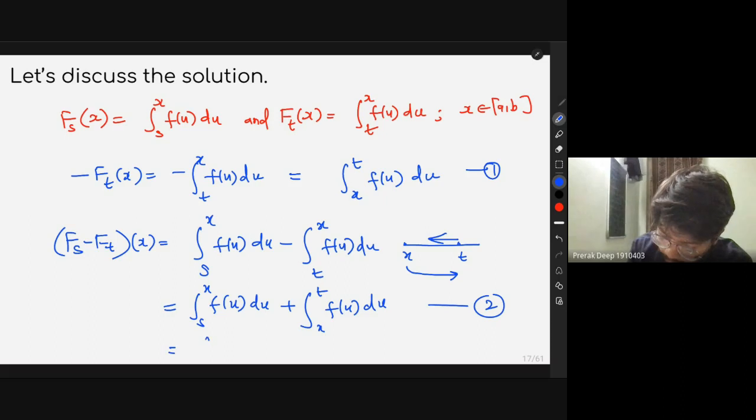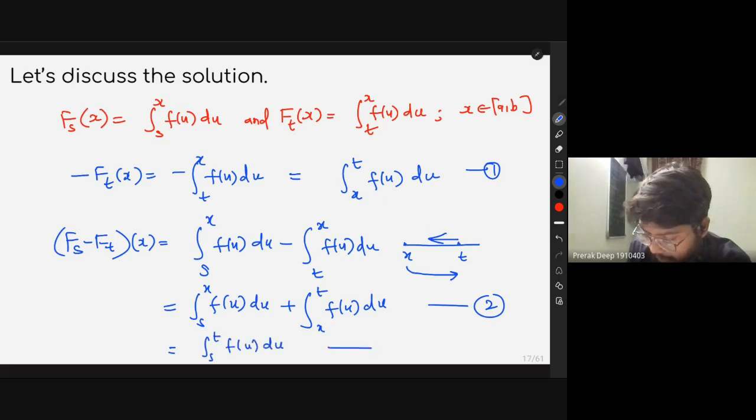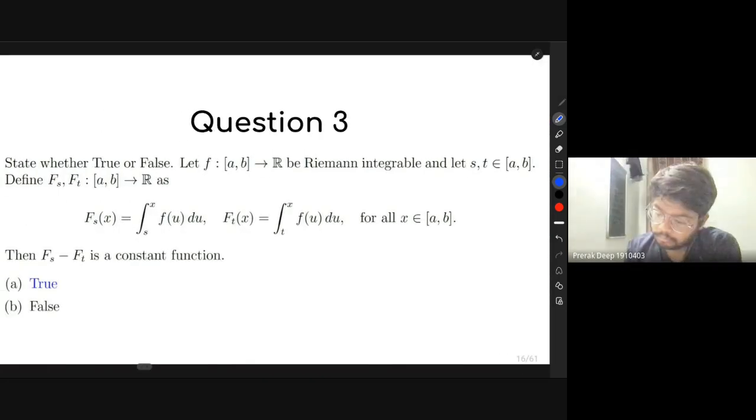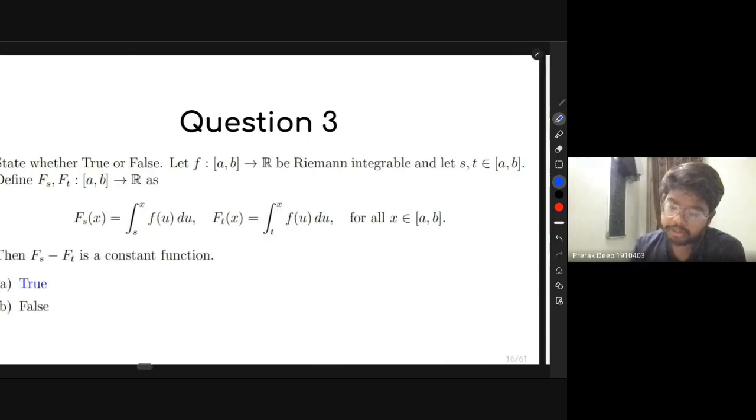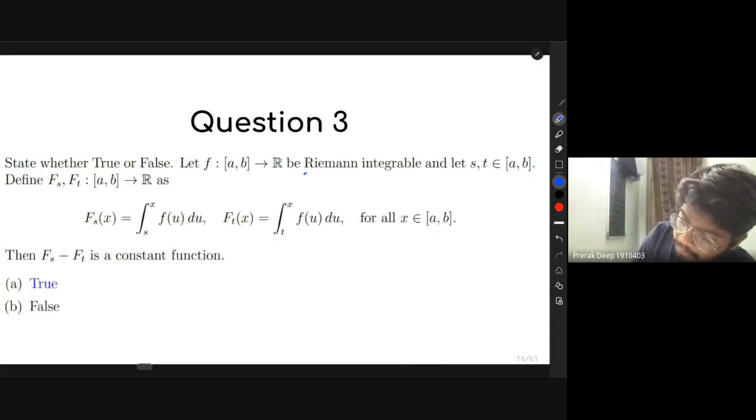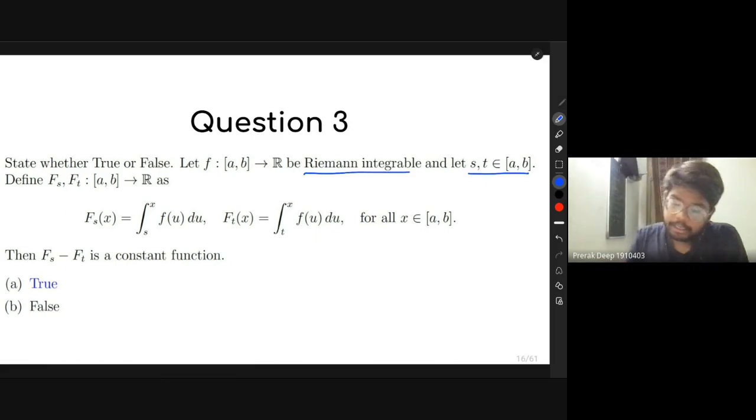Now you can combine this integration as this. So the integration of f(u) from s to t, this thing is finite, because f is given to be a Riemann integrable function, and s and t are two variables in this [a, b].